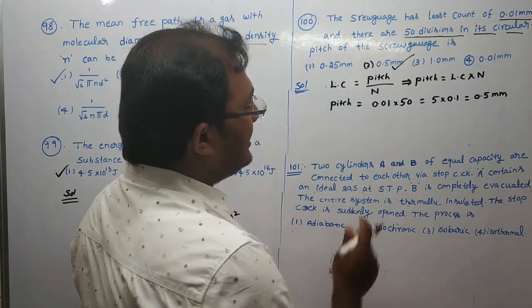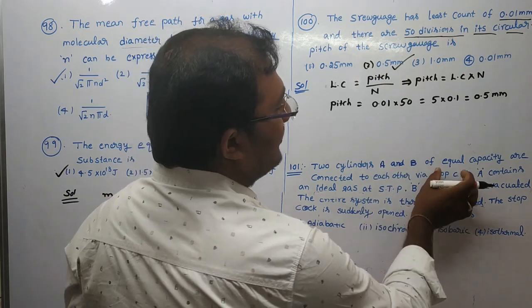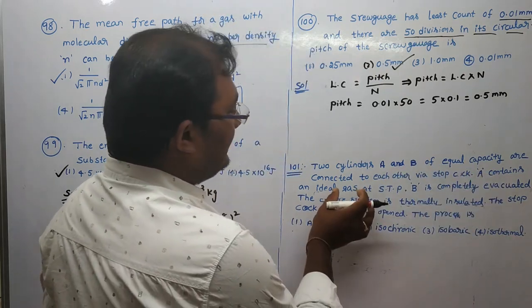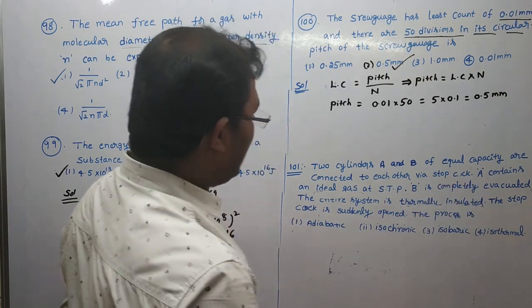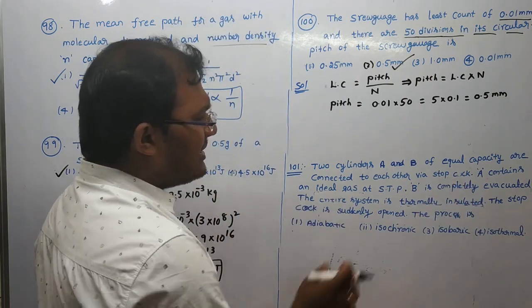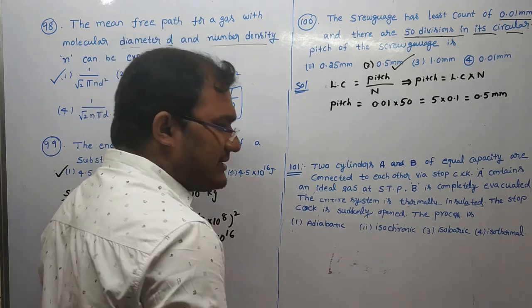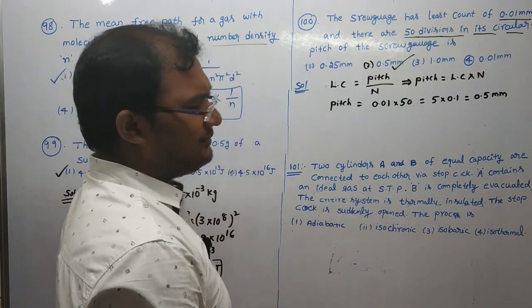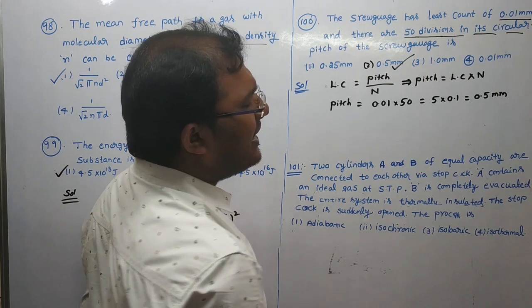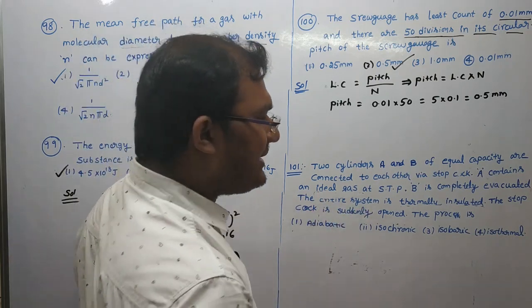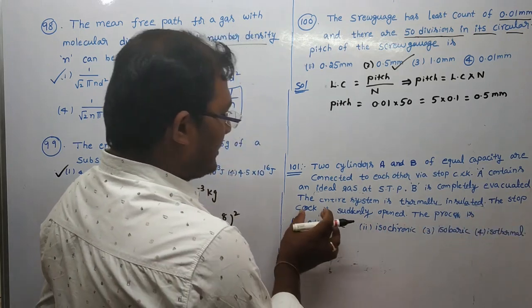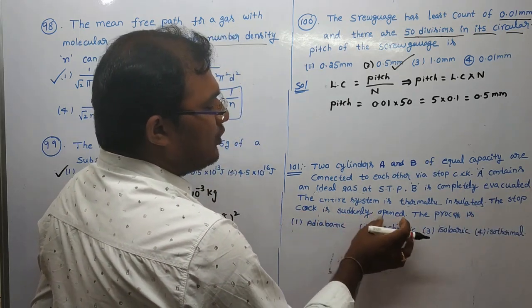Two cylinders A and B of equal capacity are connected to each other via stopcock. A contains an ideal gas at STP. STP means standard temperature and pressure. B is completely evacuated. The entire system is thermally insulated. The stopcock is suddenly opened.